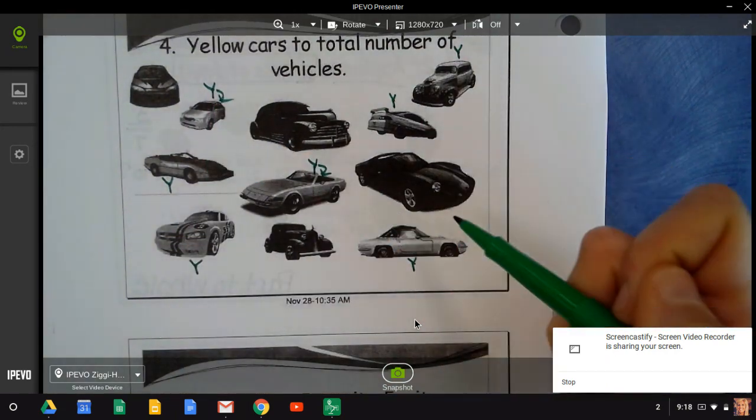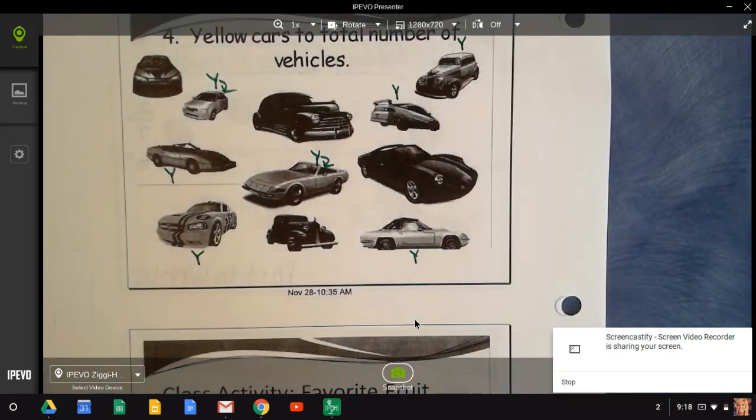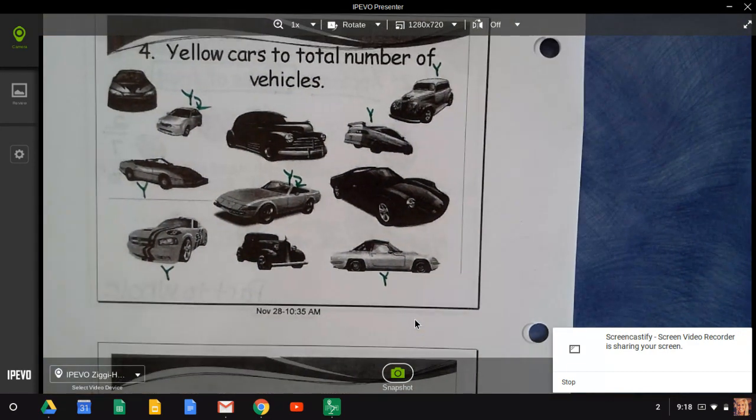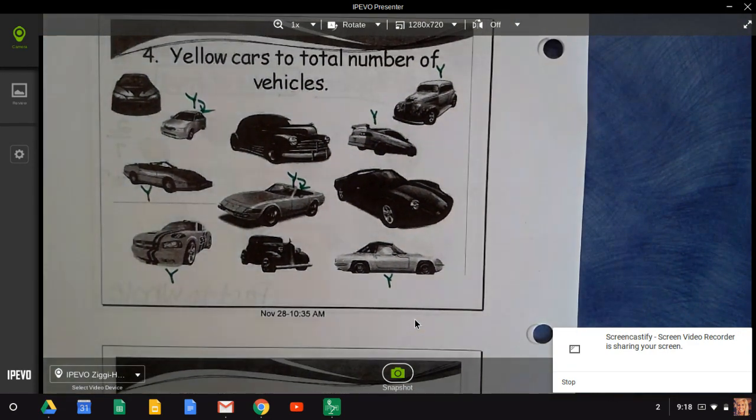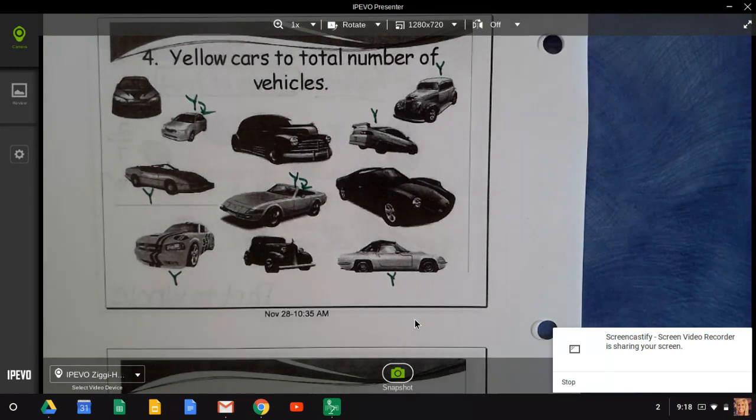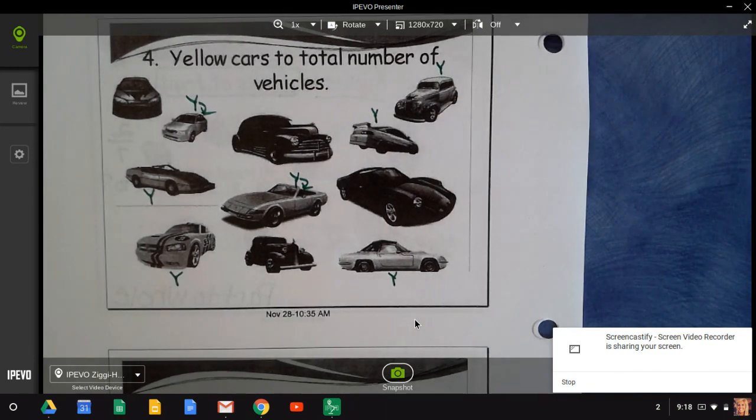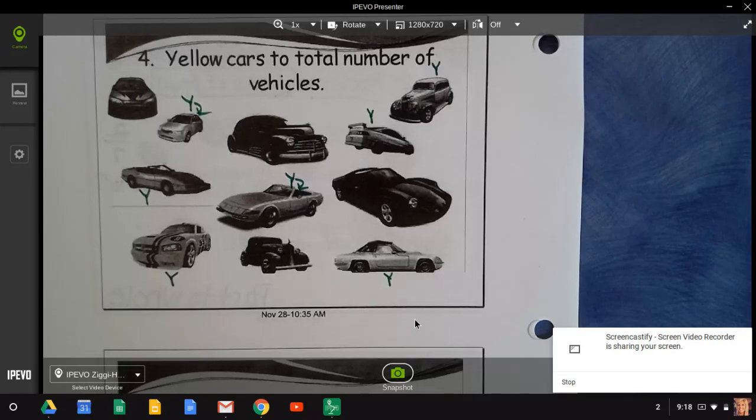So those ones are yellow, and then these are all red. So we're going to go ahead and write the ratio of yellow cars to the total number of vehicles. So I want you to pause the video and write that ratio 3 ways, and then write whether this is a part-to-part comparison or a part-to-whole comparison. So pause the video and go ahead and do that now.